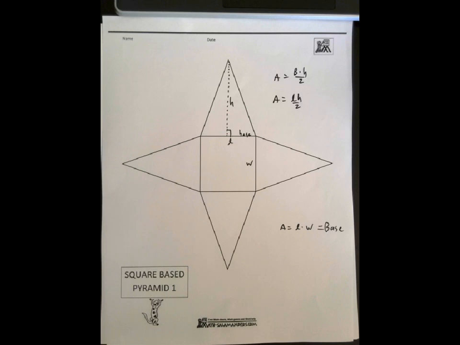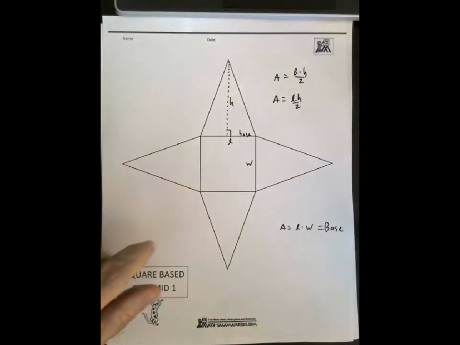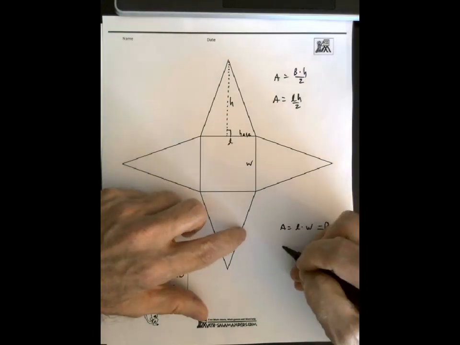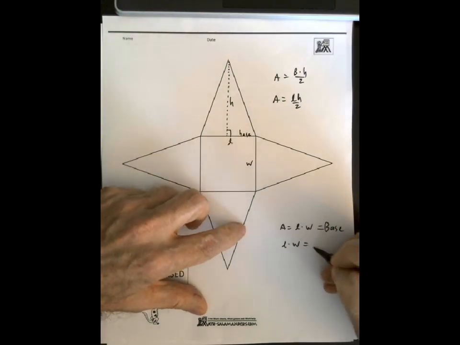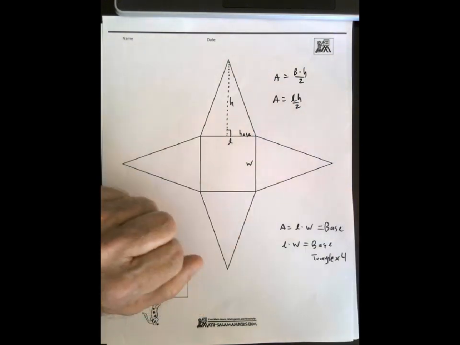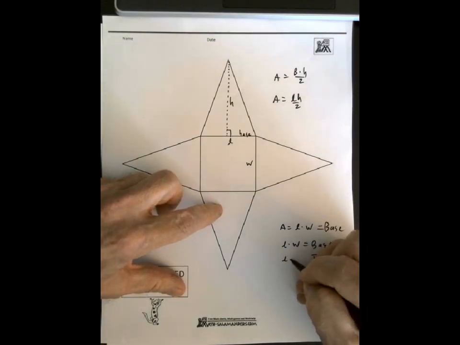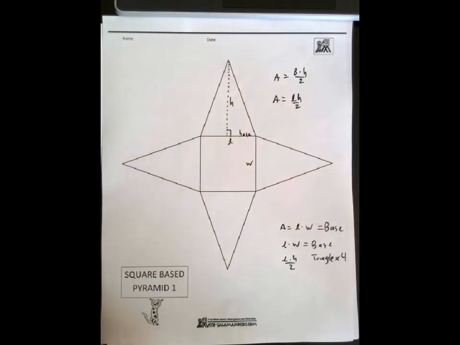So that's how we're going to do it. The area of the base, which is length times width, plus 4 times the area of the triangular sides, which is L times H divided by 2.